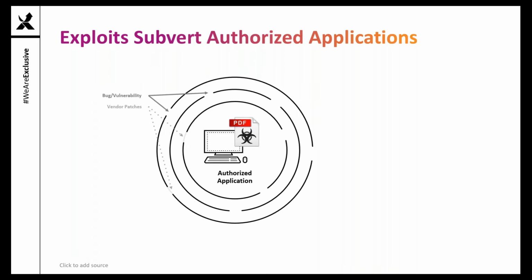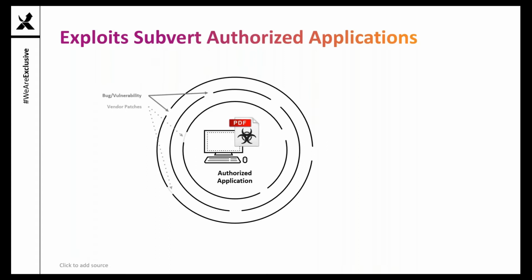But in order to exploit an application, an attacker has to use exploit techniques such as heap spray, ROP, DLL injection, and so on. Now, today we know of about 22 or 23 known exploit techniques, and an attacker typically needs to use 3 or 4 of them to successfully exploit an application.